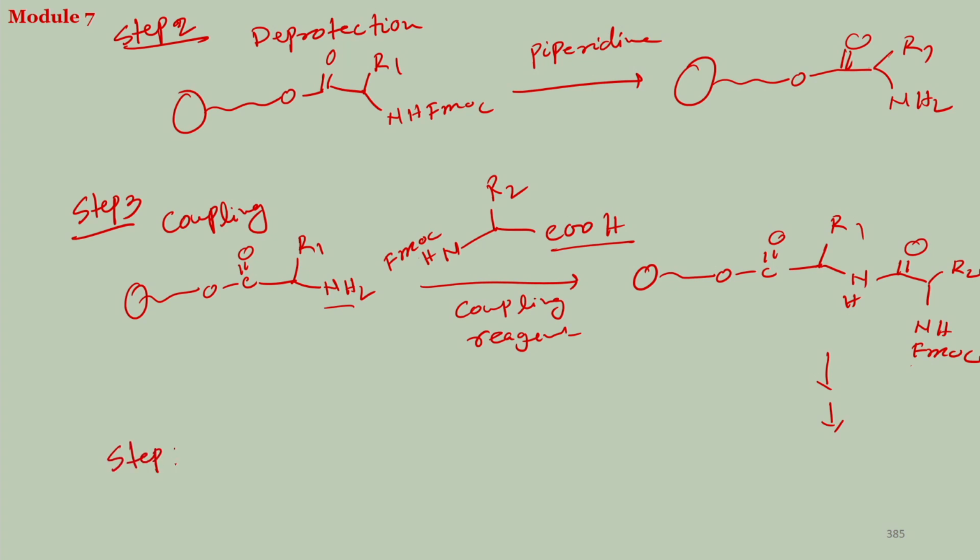Finally, step 4 is removal from the solid support, and that reagent varies. So, I am not writing that, and that is how you can get your short sequences of peptides. So, this is all about the solid phase peptide synthesis.